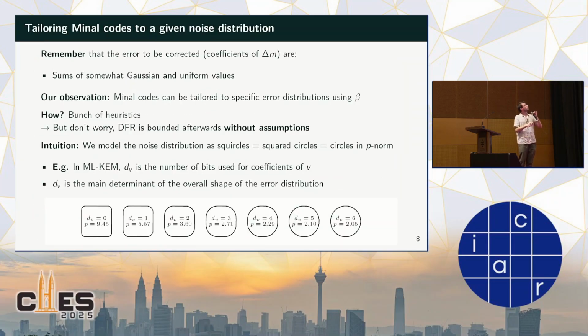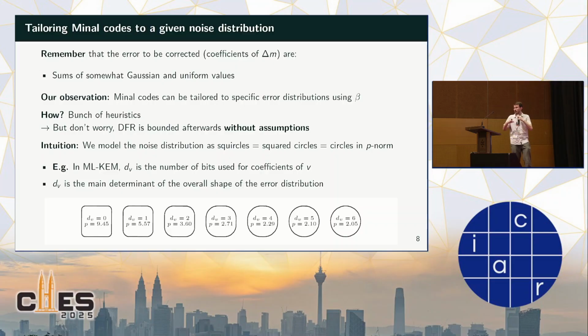Now, remember that the errors to be corrected, which are the coefficients of delta M, are sums of somewhat Gaussian and uniform values. The strength of the combination will define the overall shape of the distribution. If it's dominated by the Gaussian part, the curved lines will look like circles. If it's dominated by the uniform part, it will be a more square distribution. One core observation, and actually a motivation for defining the codes as we did, is that these codes can be tailored to specific error distributions using beta.